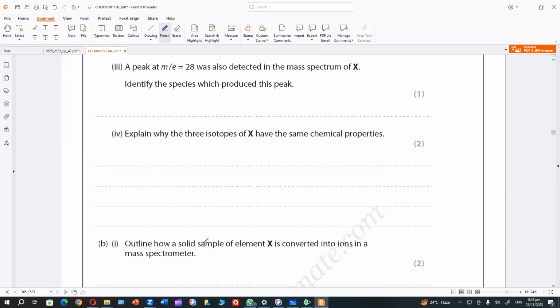A peak at m/e equal to 28 was also detected in the mass spectrum. Identify the species which produces this peak. 28.